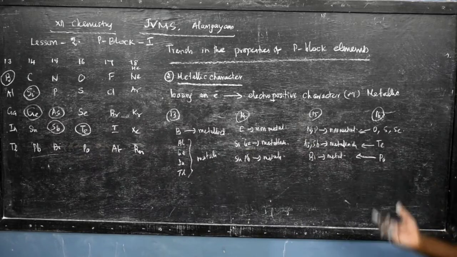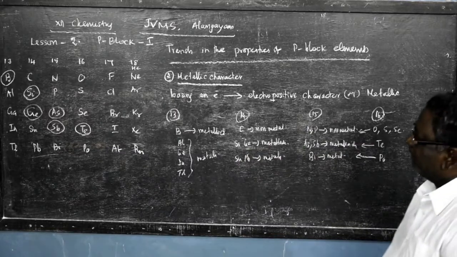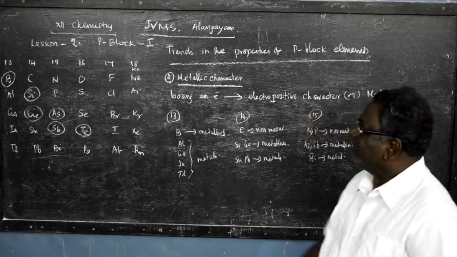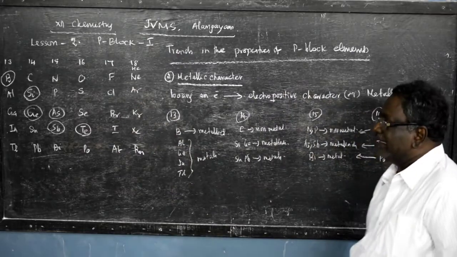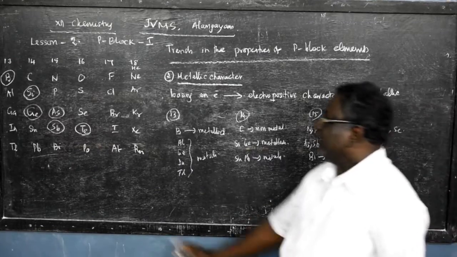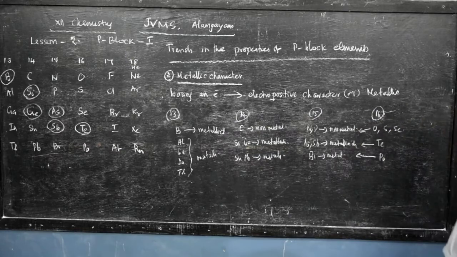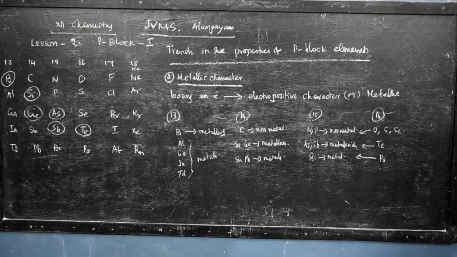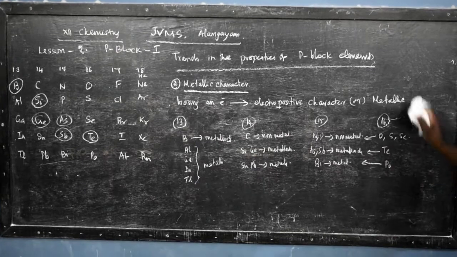They are unable to give electrons, they can only take electrons. In the 18th group the electronic configuration is completely filled, so losing an electron is difficult, and in the 17th group they can only gain electrons. Losing an electron is completely ruled out, therefore metallic character will not be there in the 17th and 18th groups. So this is the common trend that we see in the p block as far as this property is concerned.